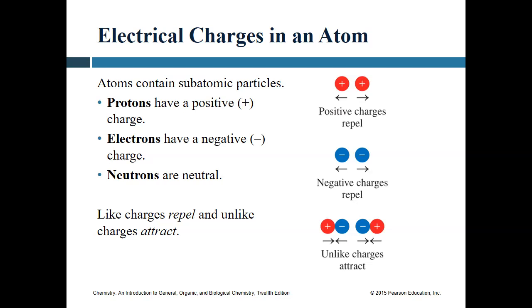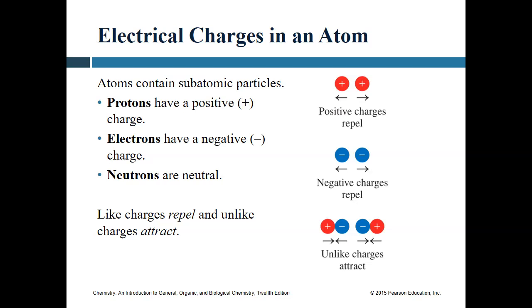we have to keep in mind the idea of this electrostatic repulsion and attraction. The neutrons, well, since they're neutral, they really don't participate in that attraction or repulsion. But protons tend to repel each other. They have the same charge. Electrons tend to repel each other.